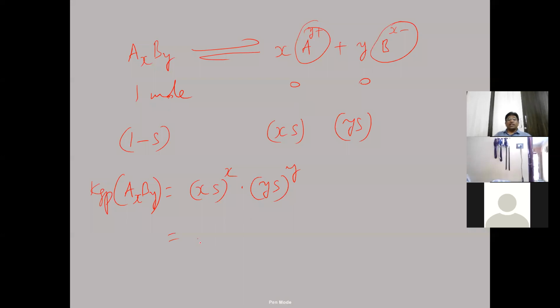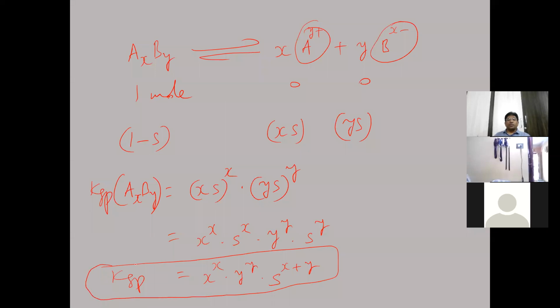That is equal to x power x, S power x, y power y, S power y. That is equal to x power x into y power y into S power x plus y. That is KSP, the solubility product.